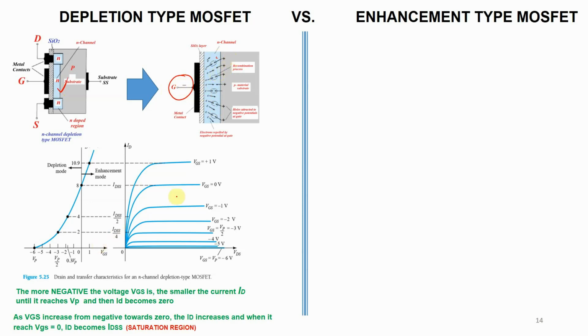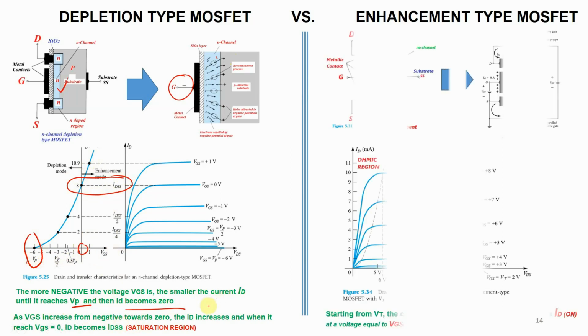This is the mode of operation. So the more negative the voltage VGS, the smaller the current ID until it reaches VP. When it reaches VP, ID becomes 0. But when VGS is 0, ID becomes IDSS, right? So this is for the depletion type.